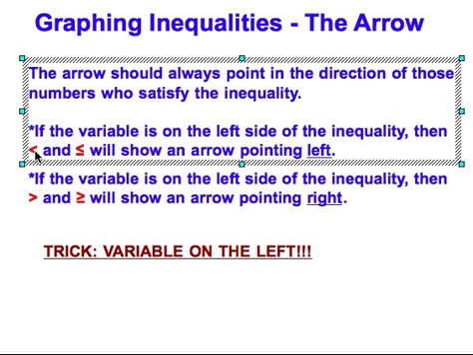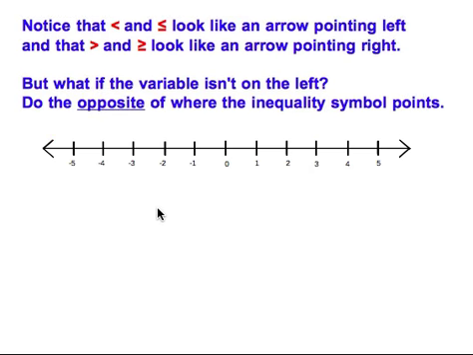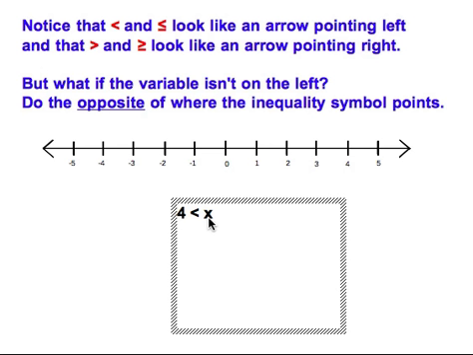Slide 234 asks, what if the variable isn't on the left? Well, there's two options. You can do the opposite direction of where the symbol is pointing, or you can just rewrite and put the variable on the left and flip the symbol to the other direction. So let's say that you have 4 is less than x. The variable is on the right side, not the left.